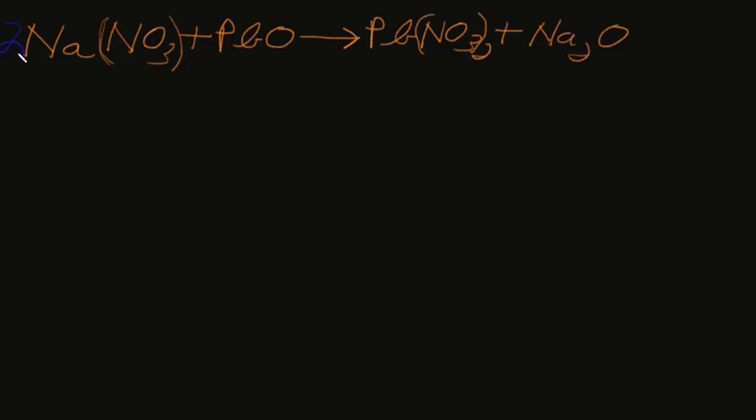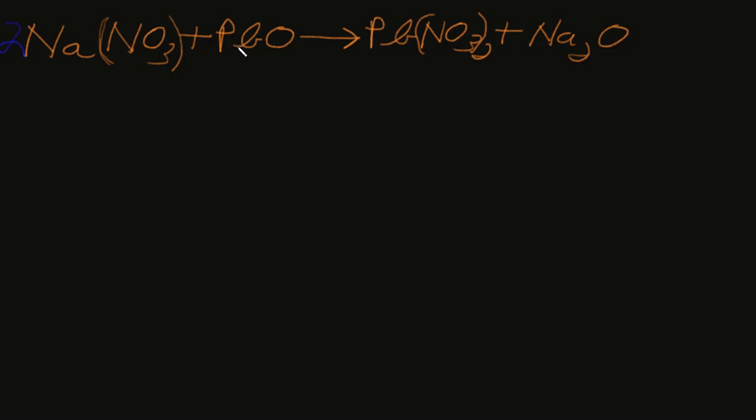So let's take a look at this. I have 2 sodium. I have a coefficient of 1 here, so 1 times 2 is 2 sodium, so that looks pretty good. Again, I have the nitrate ion, so 2 times 1 is 2 nitrate ions. Coefficient of 1 here, there's nothing there, it's understood to be 1. And in parentheses, I have 2 nitrate ions here, so that one's looking pretty good.